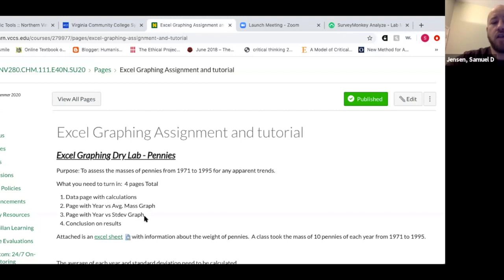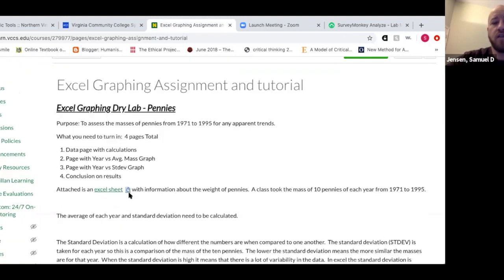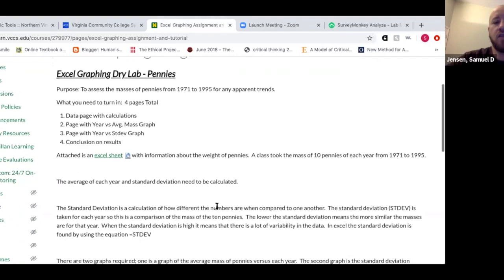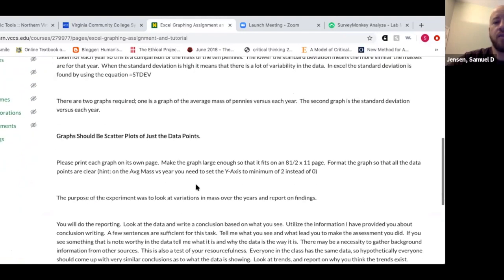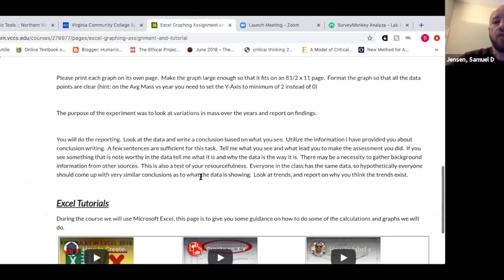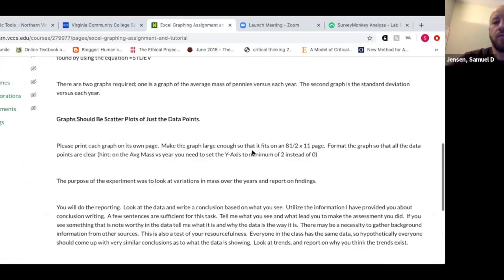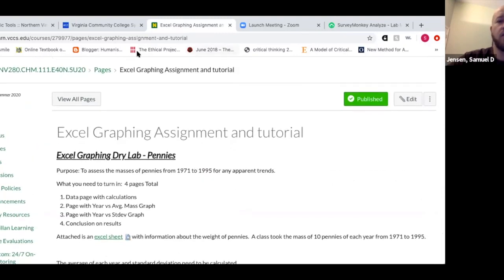What does the data tell us about what's going on? In here, you'll find the Excel sheet, which has the data that you need. This goes through how to do the various calculations. Let's take a look at the Excel sheet.